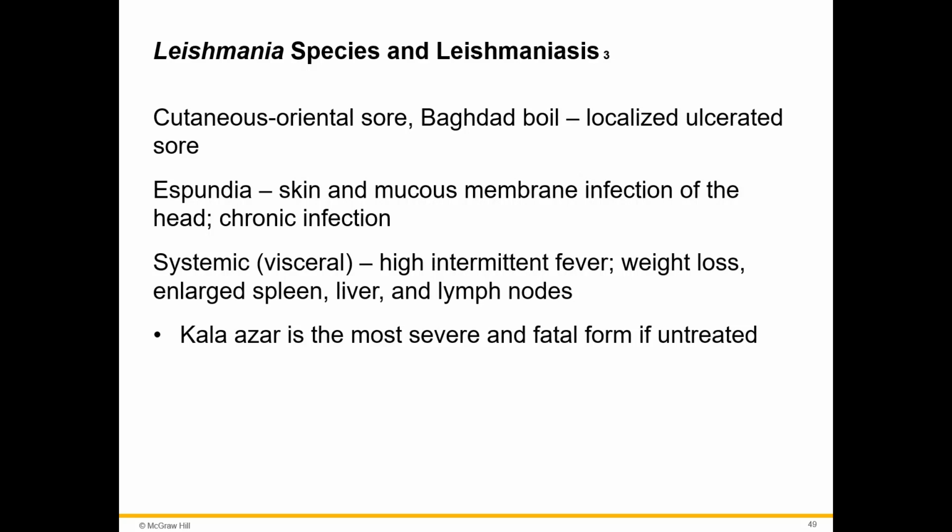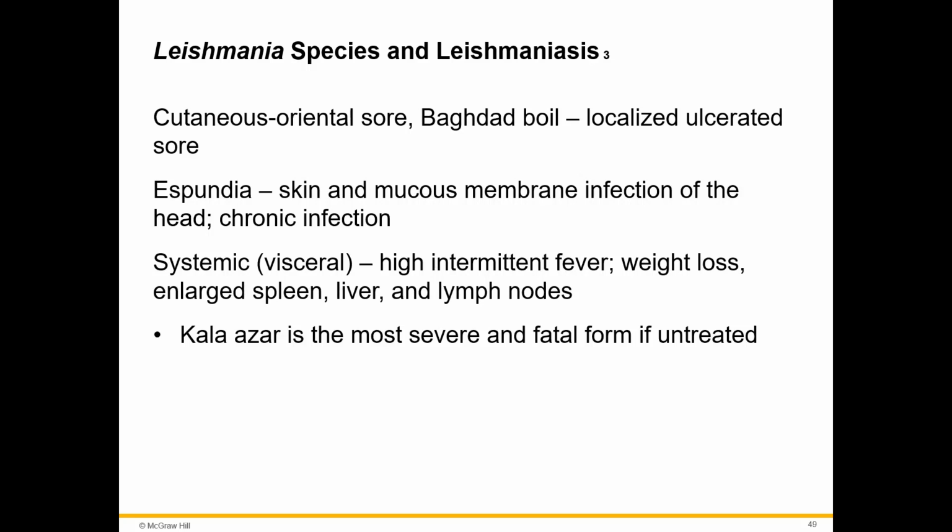Like we had said previously, it can become systemic, and when it is systemic, you can get these high fevers, you can get weight loss, your spleen can get enlarged. Interesting fact, when you're dissecting animals, I've seen this a lot in different mice and stuff, you see that their spleen is incredibly enlarged. They're either pregnant or fighting off some kind of weird parasite.